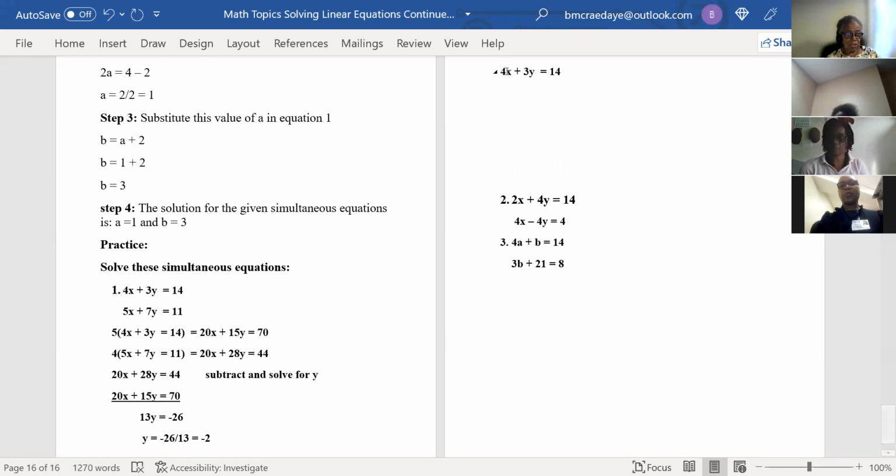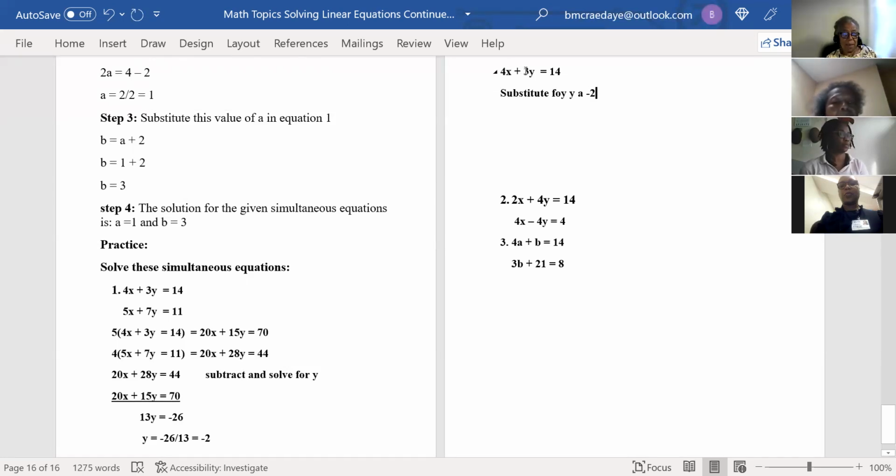Take that equation, substitute, I'll just write down what I'm saying, substitute for Y a minus 2, because that's what you got for Y, right?